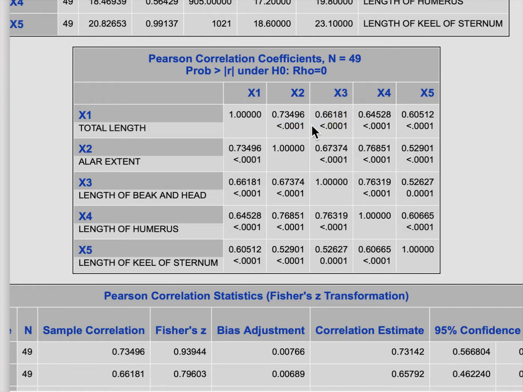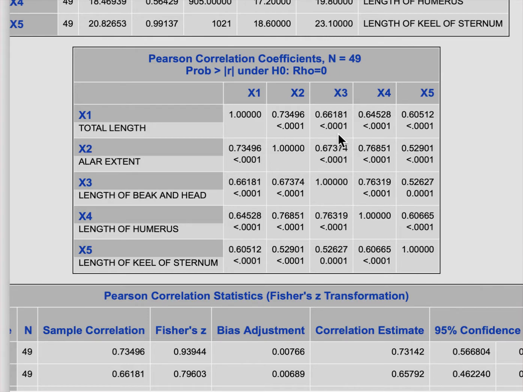Likewise, looking at this cell here for x1 and x3, the estimated correlation between x1 and x3, based on the data, is 0.66181. Now, that is non-zero, and it's fairly large, but the question is, is it big enough to lead us to conclude that the population correlation between x1 and x3 is non-zero?